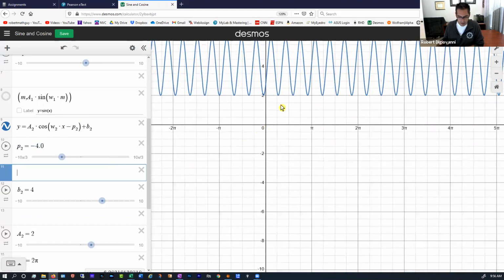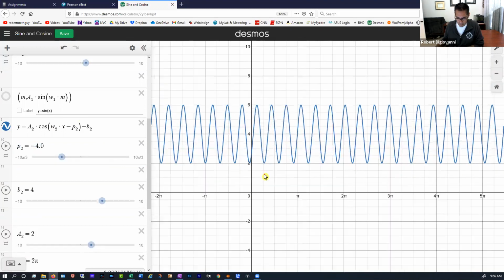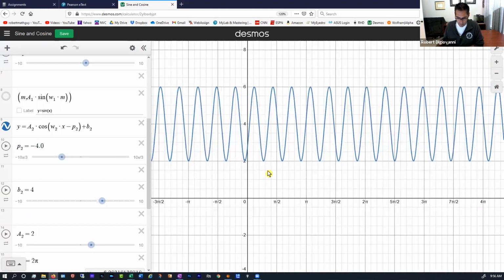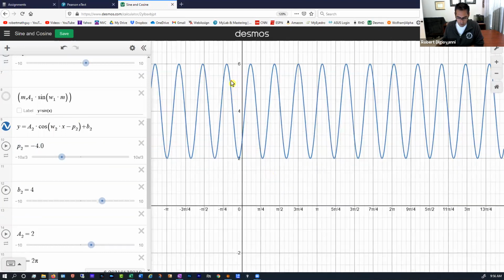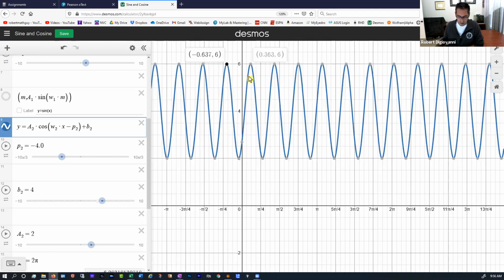Okay, I think that's it. Yeah, so this is it. We're only looking at one piece of it. It's right here, goes down, comes back up, and ends here. That's what we're looking at right there, that piece.